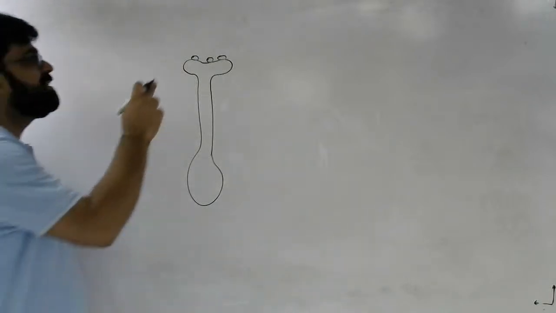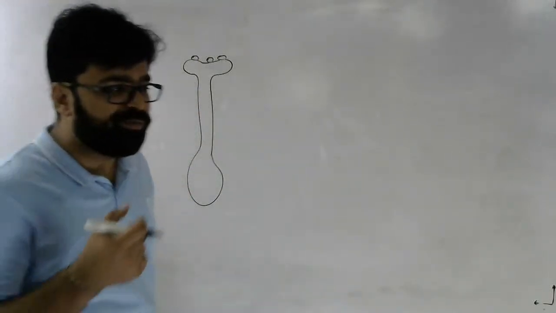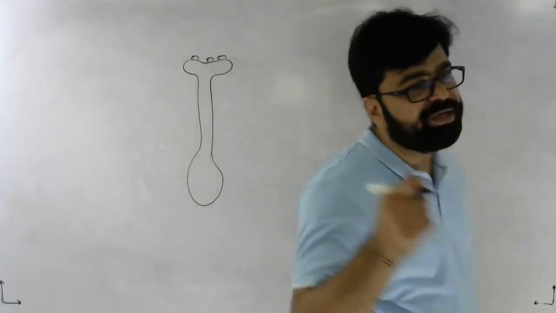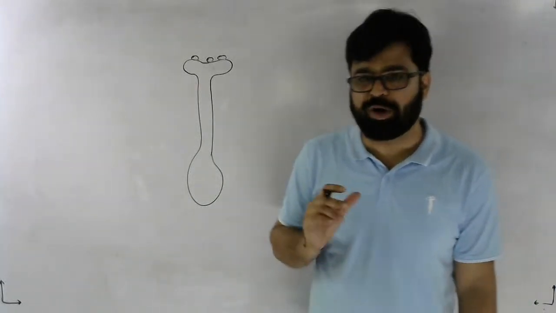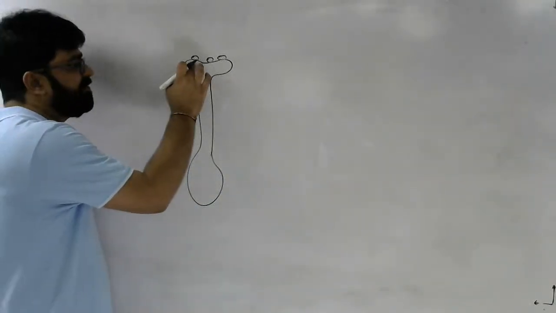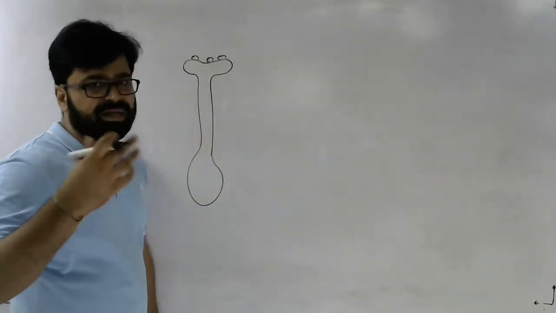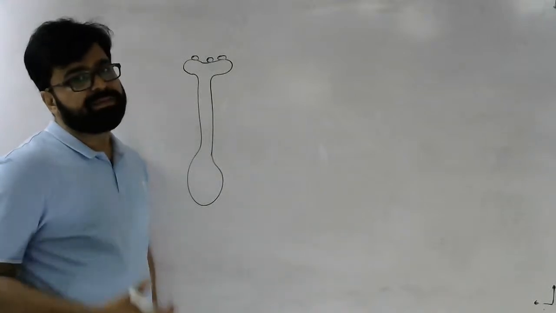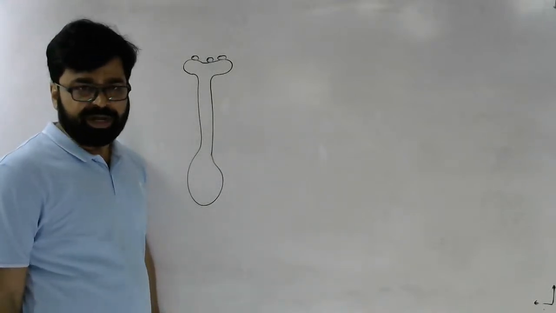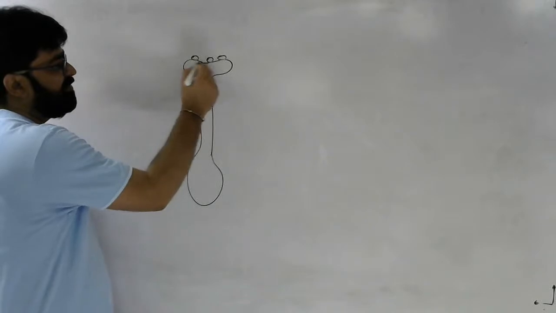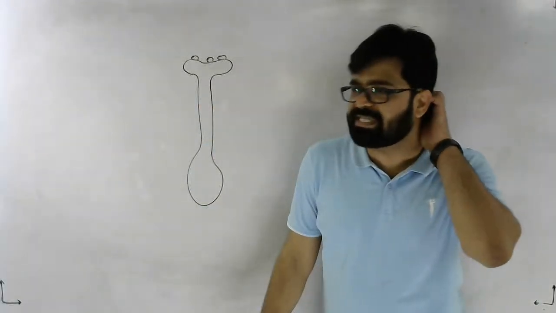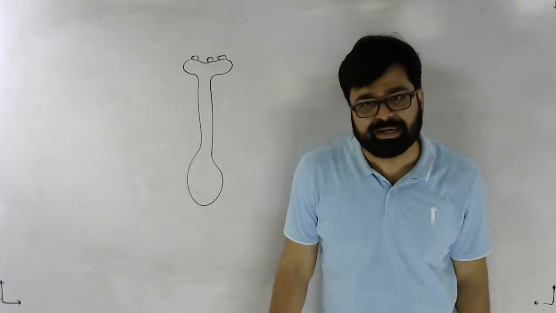Alright, and these interaction will recognize whether this pollen is belonging to the same species or not. Right? Agar same species ka nahi hai, then after this recognition, it will not allow to grow the pollen tube. Right? Yes. So after this interaction, pollen tube grows and process of fertilization is initiated.